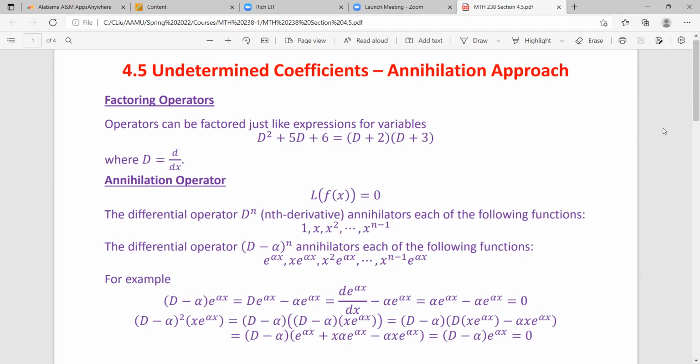Essentially it annihilates the function. Did I say it correctly? Annihilate, is that the correct pronunciation?